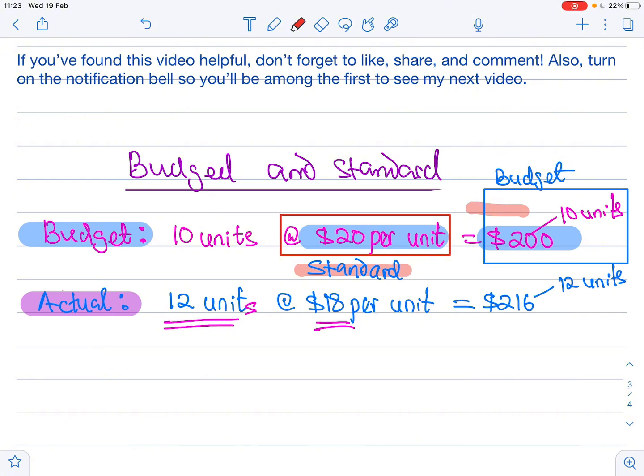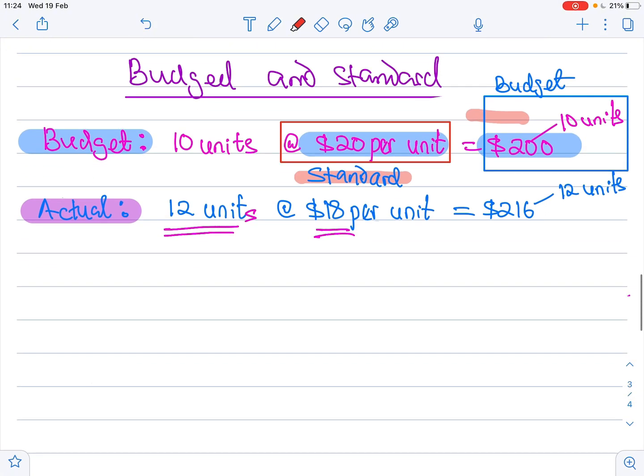And that's why you can see that the actual information is different. The budget was to buy 10 units, but the actual information is saying, because the price is cheaper, let's buy more. So the actual unit is 12 units, the actual price per unit is $18, and the actual dollar paid for those 12 is $216. Oh, okay, good. So this is the other bit I need you to understand.